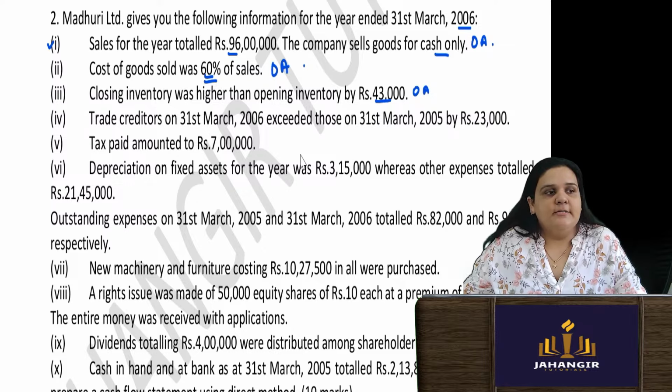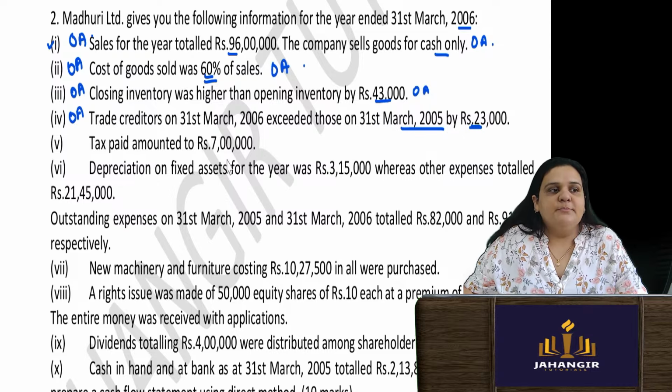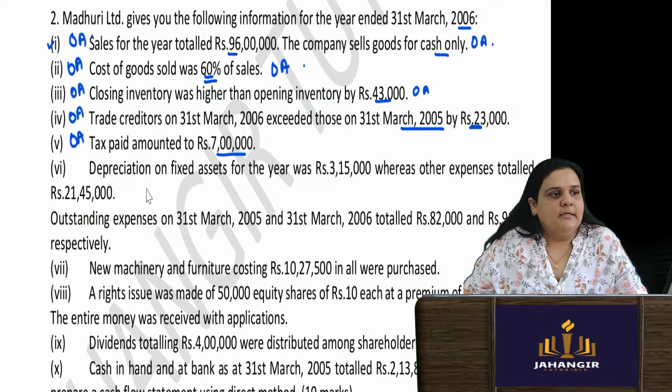Trade creditors on 31st March 2006 exceeded those on 31st March 2005 by 23,000. Again, this is related to your operating activity. Okay. Tax paid amounted to 7 lakhs. Again, operations related only tax.